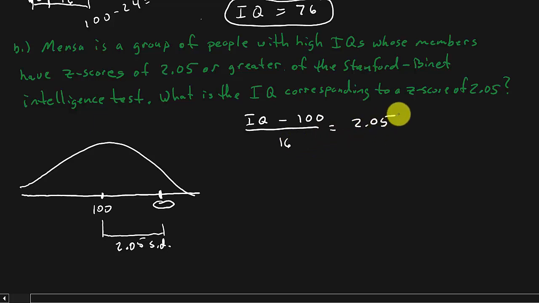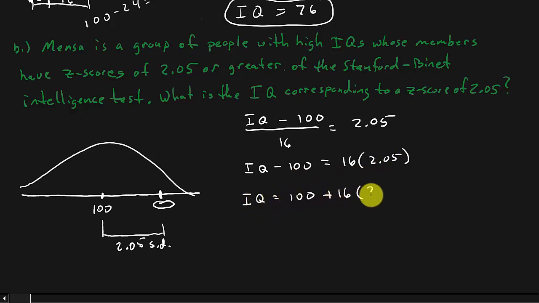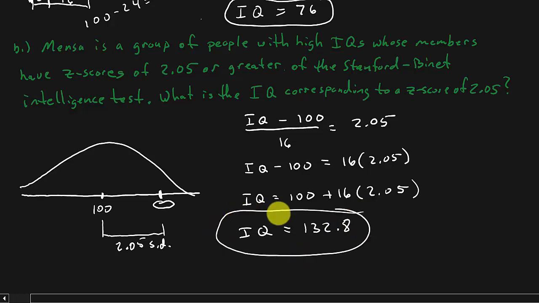Okay? And so now we're just going to solve. So I've got the IQ minus 100 equals 16 times 2.05. Then I'm going to add the 100 to both sides. So IQ is 100 plus 16 times 2.05. And when we punch that into our calculator, we get 132.8 as the IQ score.